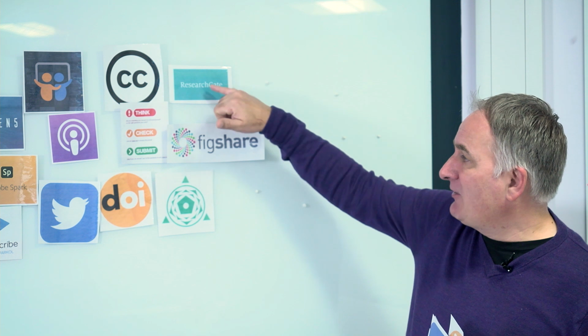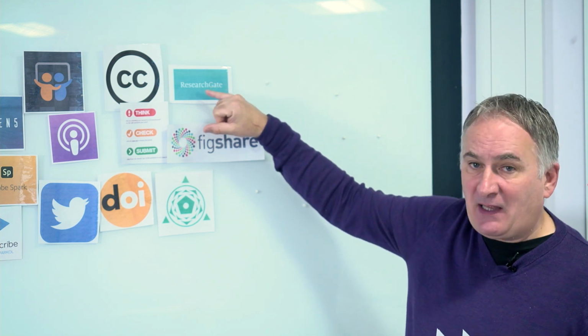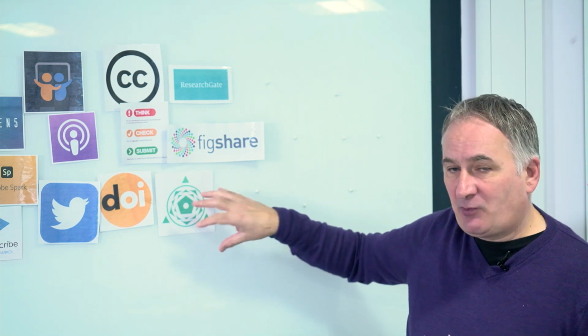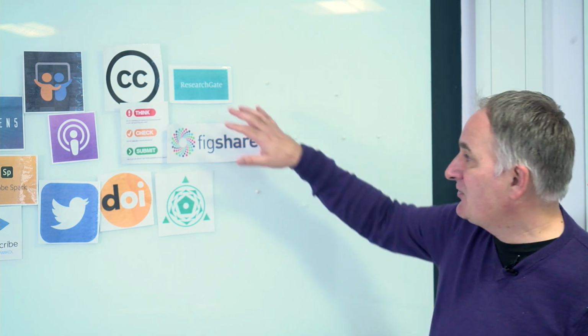Now, the thing to consider with ResearchGate is it doesn't have the checks and balances that something like the White Rose repository would have. So the White Rose repository has got librarians and professionals who check the legitimacy of articles that are added in, and it's to rule out any illicit materials, things that we are not allowed to host, versions we're not allowed to host. ResearchGate doesn't really have those checks and balances. It's very good for building a profile.